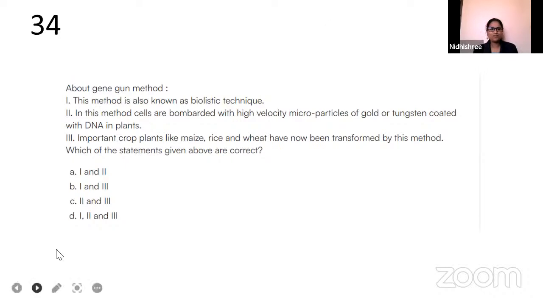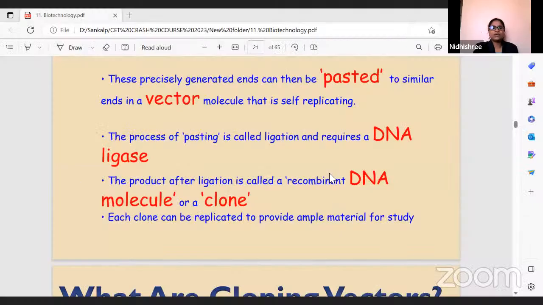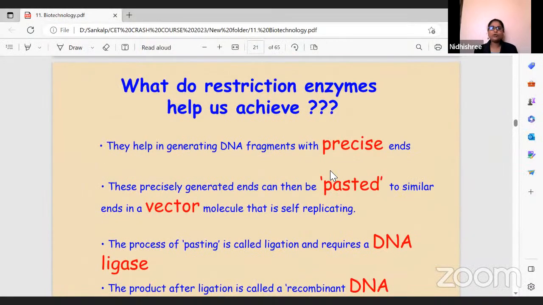Fine. Let us brush up certain concepts again. What do restriction enzymes help us to achieve? Means what is the use of restriction enzymes? They help in generating DNA fragments with precise ends.